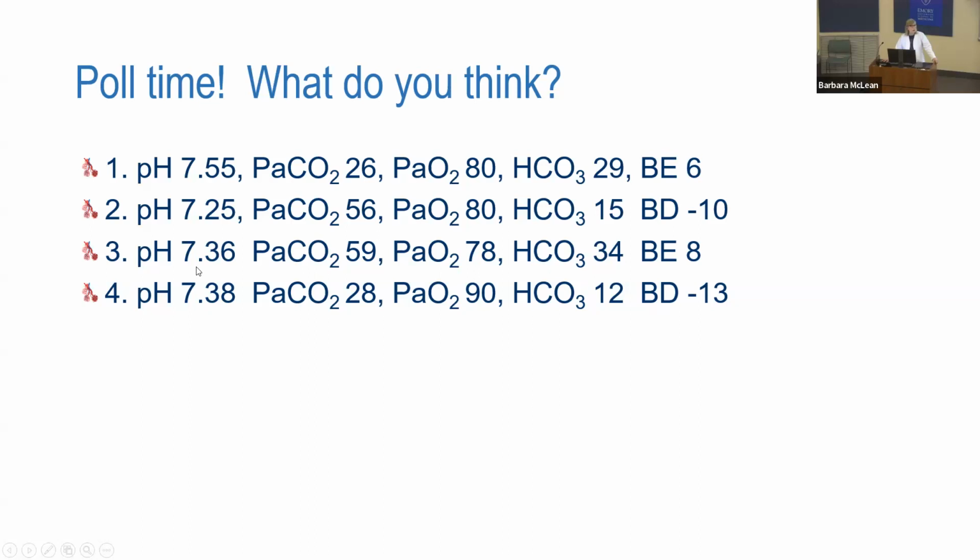Here, he was chronic because he was compensating. But what's happening to him now? Is he still compensating or is he losing his compensation? He's losing his compensation, which means he is starting to present with metabolic acidosis. And this is what happens to all your chronic pulmonary patients who have secondary problems, infections, trauma, sepsis.